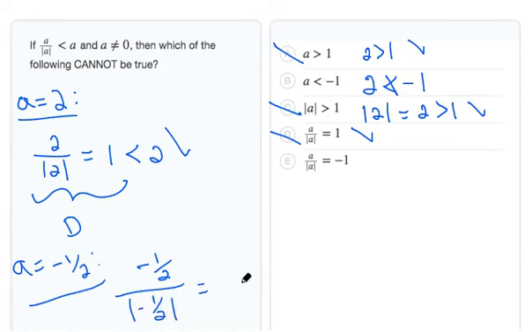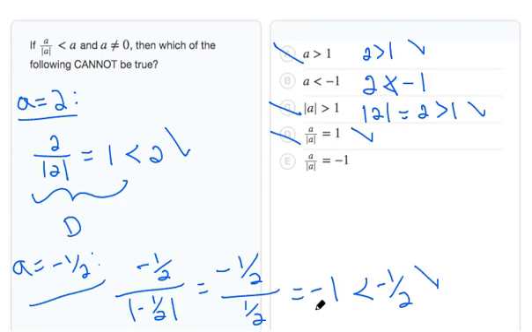And if we think about this, we'll have negative 1/2 in the top and a positive 1/2 in the bottom. And that actually simplifies to negative 1. And we're double checking whether this is less than our a, which is negative 1/2, and it is. Right, so negative 1 is definitely less than negative 1/2, so that means this inequality is satisfied. Our a isn't 0, so we're good there.